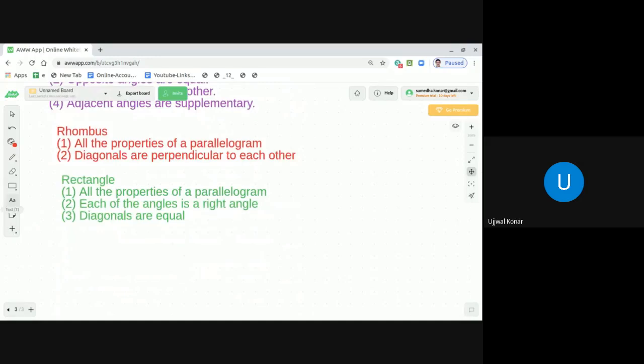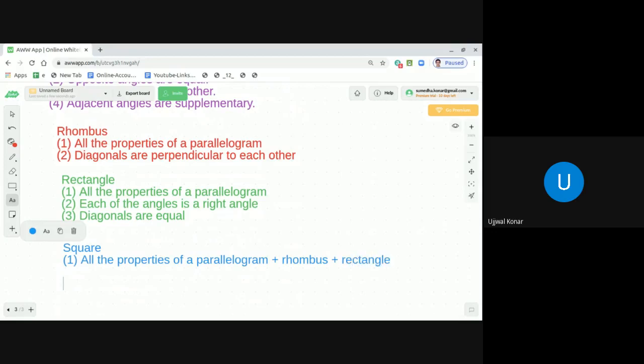Then after the rectangle, dear students, the next one is called the square. Let me use a different color, the blue color. For the square, only one way we can define it: all the properties of a parallelogram plus rhombus plus rectangle.